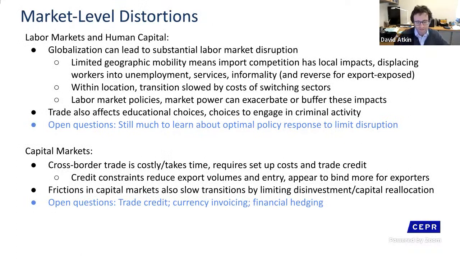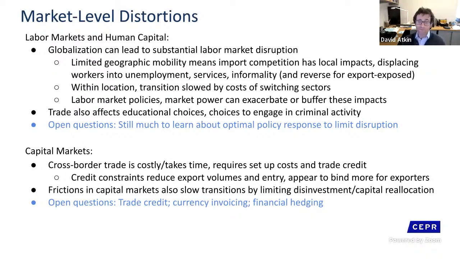Okay, so let me first start with thinking about labor markets and human capital. As Amit mentioned in the introduction, this is probably the area where we know most. In particular, there have been a number of compelling papers that show the substantial disruption caused by integration into global markets, particularly unilateral trade liberalizations, which have many benefits they may bring, often to consumers and to firms who are able to take advantage of the increased export opportunities.